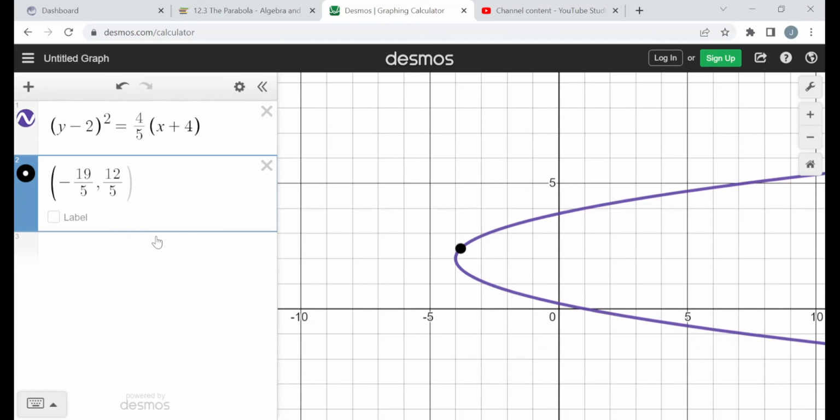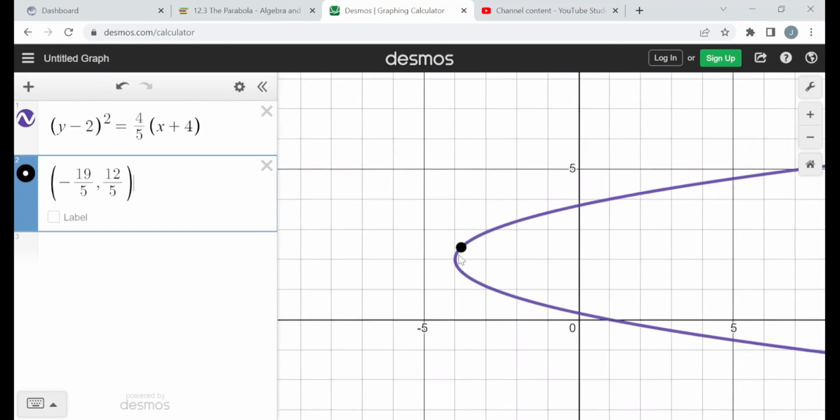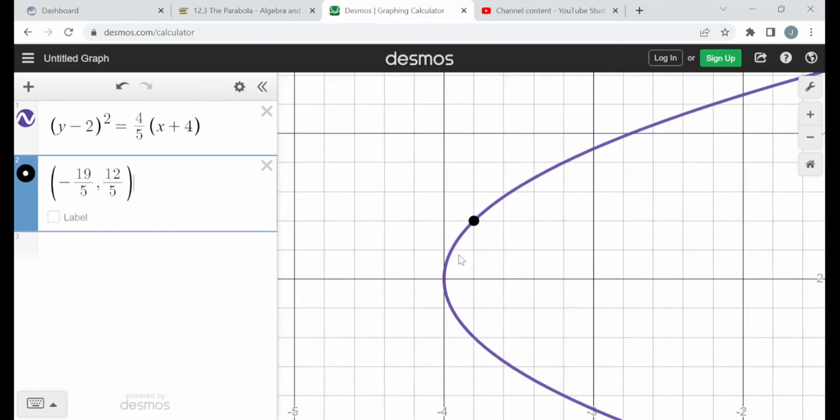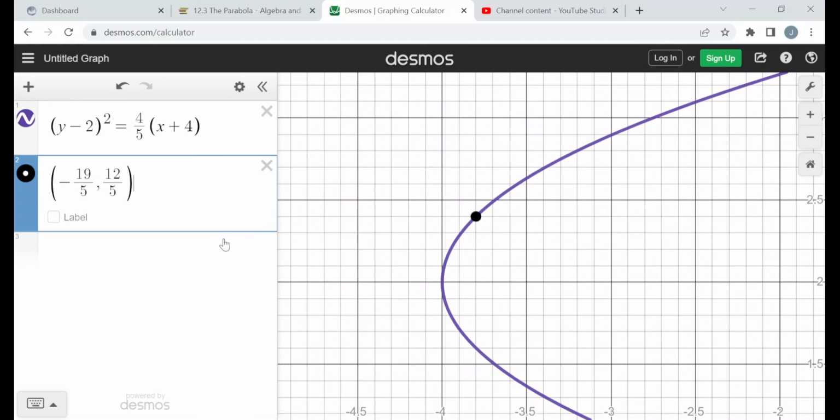And yeah, you can clearly see that that is on the parabola. It's really close to the vertex, but if you zoom in, you can make it look as far away as you want. There's negative 3.8, which is negative 19/5, and 2.4 is 12/5. So I'll keep that labeled.